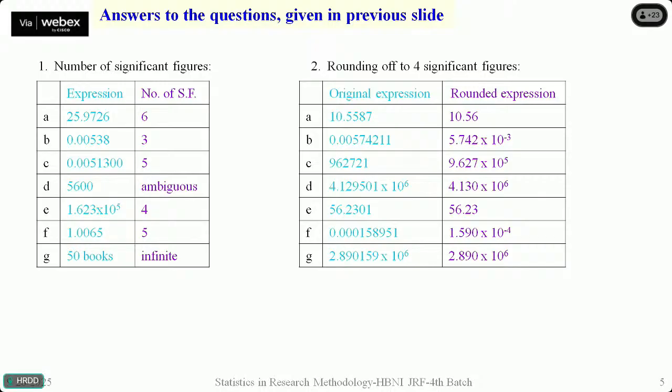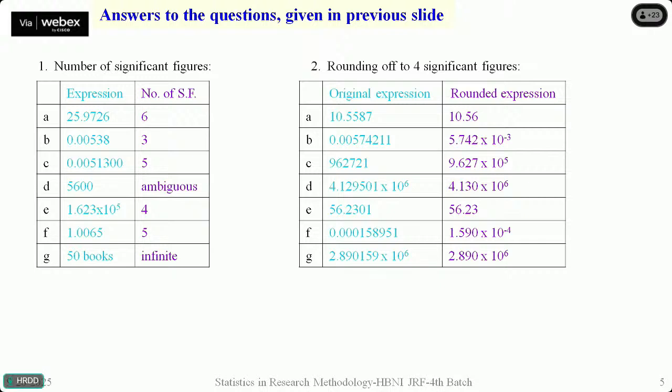If everybody has checked, I will go to the next one. I'll read through the numbers only. 6, 3, 5, ambiguous, 4, 5, and infinite. Shall I go to the other one?